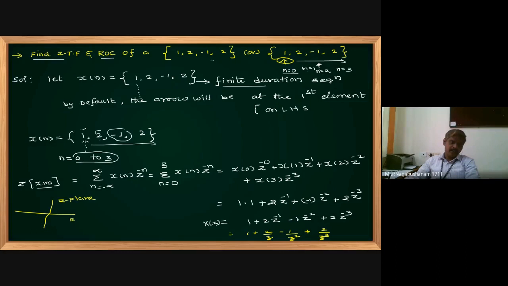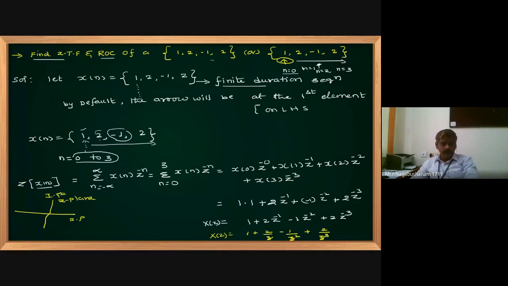This is the real part, this is the imaginary part. So we can take any value of z. If you take z equal to a complex number, z equal to a real number, whatever the value, we will get x of z as a finite value. I am expecting x of z is finite for all values of z except z equal to 0.